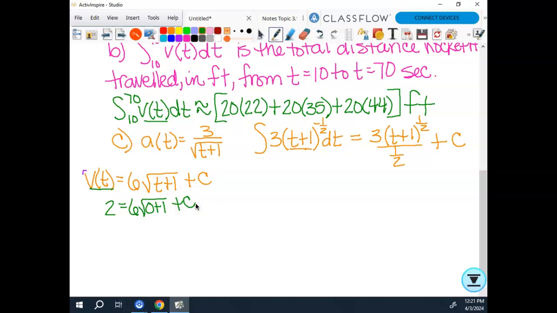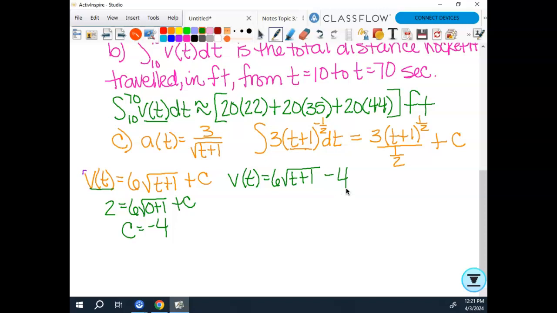Yes? So 6 times the square root of 1 is just 6. So when I subtract that, I'm going to get c equals negative 4. So v of t equals 6 times the square root of t plus 1 minus 4.